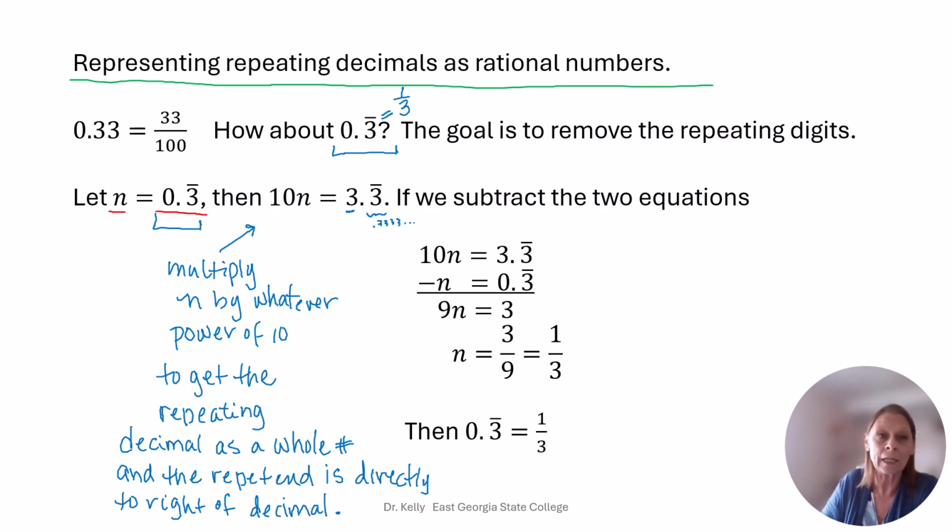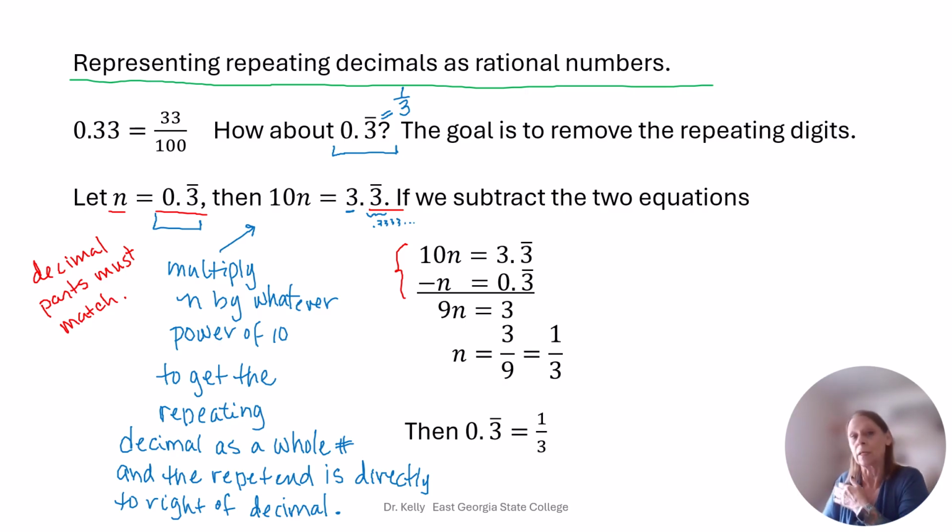So the decimal parts here have to be the same. So the decimal parts must match, okay? So once you have the decimal parts that are the same, then we can subtract them here. So I wrote the 10n is equal to 3.3 repeating, which is true. If n is equal to 0.33333, then 10 times n is 3.33333.